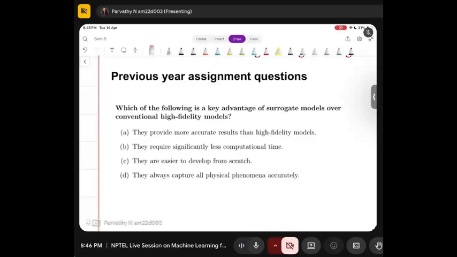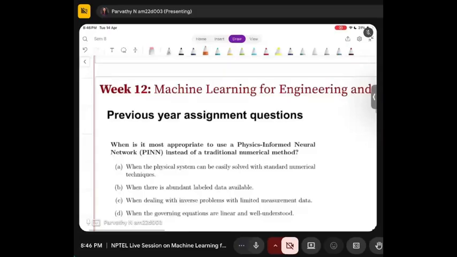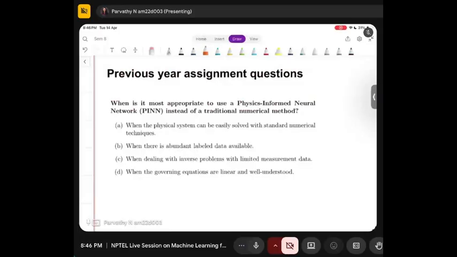When is it most appropriate to use a physics-informed neural network instead of a traditional numerical method? When the physical system can be easily solved with standard numerical techniques, when there is abundant labeled data available, when dealing with inverse problems with limited measurement data, when the governing equations are linear and well understood.